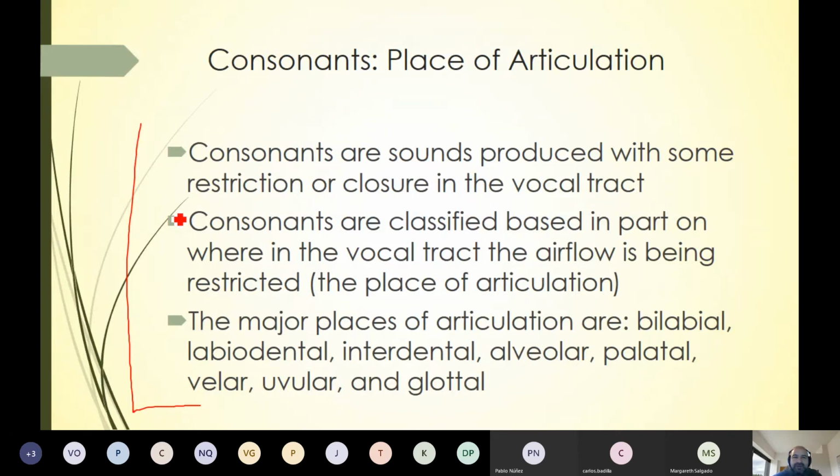I think we started talking about this before. I think we talked about the different places of articulation except uvular: bilabial, labiodental, interdental, alveolar, palatal, velar, and glottal. If I'm mistaken, please correct me at any moment, okay? We started talking about place of articulation as one of the things that we need to take into consideration to be able to produce the sound correctly.